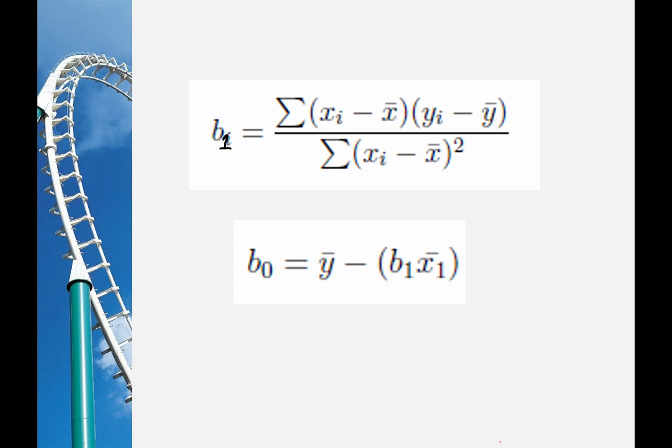You're going to take those two numbers, you're going to multiply them together, so there's column 3. And then when you've done that for all your variables, you're going to take the total of that column 3, and that's your numerator. Your denominator is the difference between x and x bar squared. We remember why we square things, right? We square things so that when we add them up, we don't get what number?